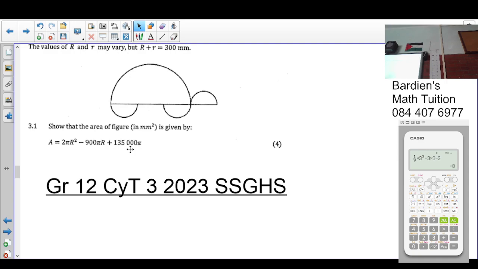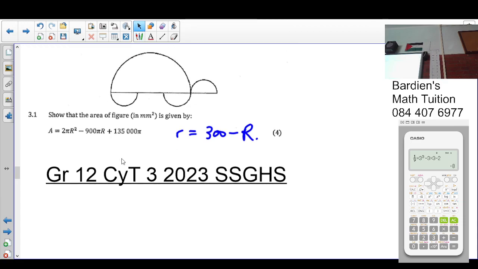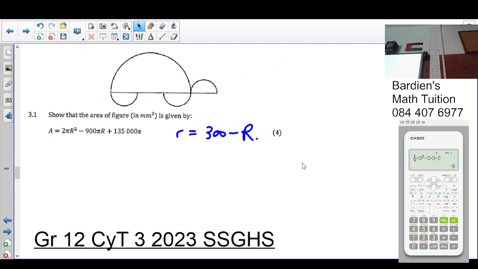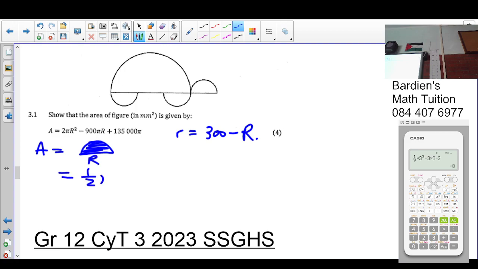So, firstly, my lowercase r is equal to 300 minus capital R. So the question says, show that the area of the figure in millimeters squared is given by. So if you look at this shape here, it's going to be a semicircle with radius R, which is half.